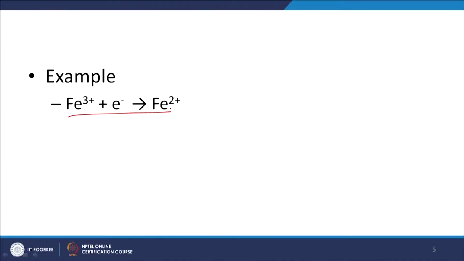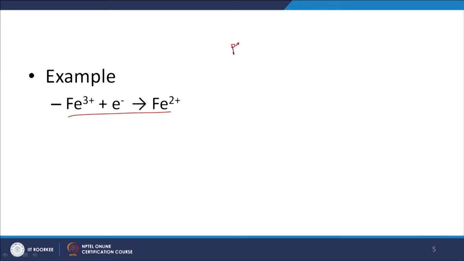So this was the simple case of the oxidized form accepting electrons and the reduced form being formed. Now we are going to look at a couple of examples. Let us try to understand how to write the relevant equation.